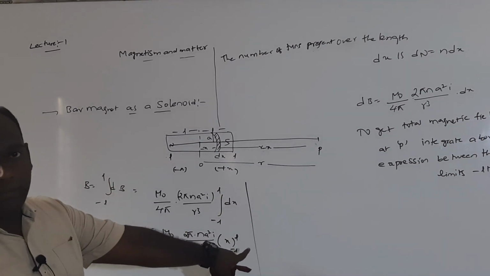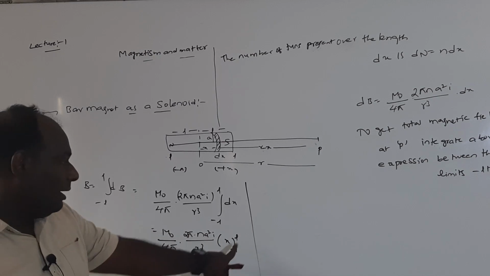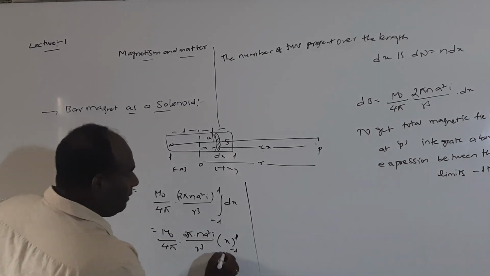First we substitute the upper limit L minus the lower limit minus L, that gives 2L. So the total value is 2L.